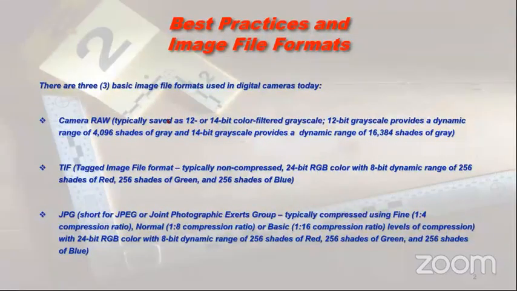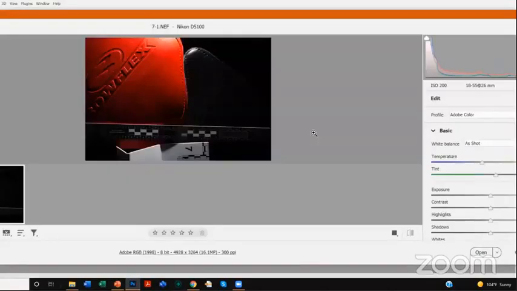Now, let's take a moment and look at what happens when we have a camera raw file, and what kind of detail we can visualize. On this image that you can see here, there's actually a footprint on this Bowflex seat, but you can't see it.